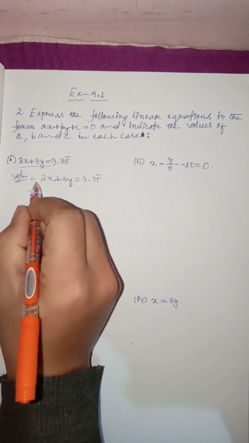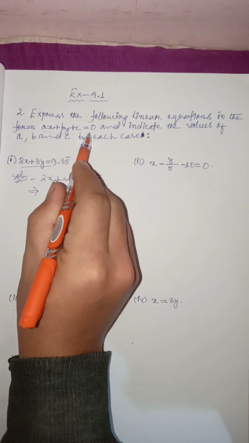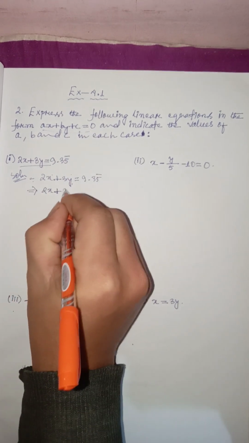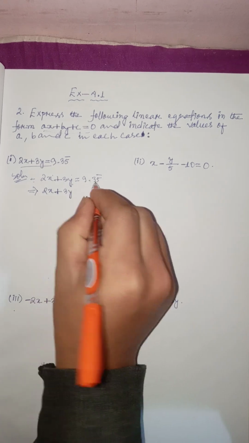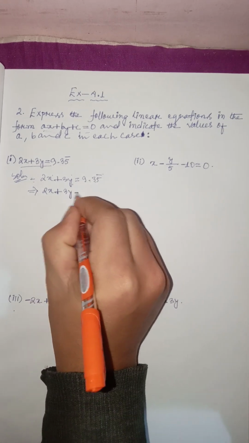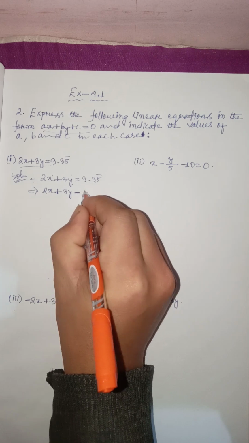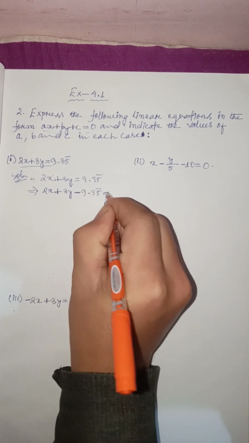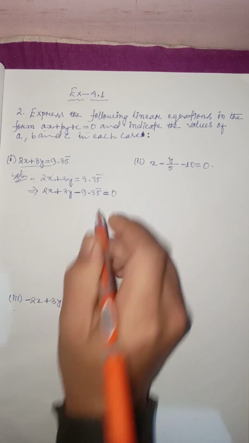Now the question is that you have to make it in this form. In order to do this, you need to bring this 9.35 bar to the left hand side. Then it will become minus 9.35 bar equal to 0.